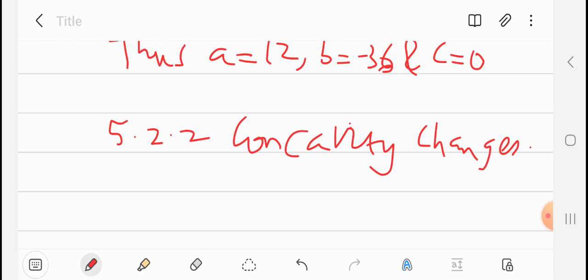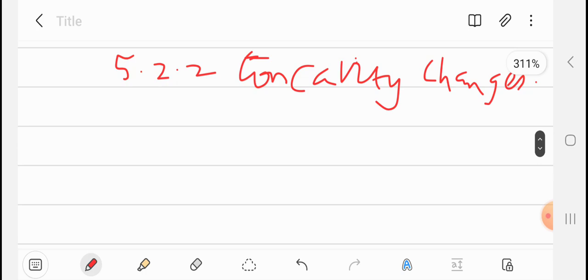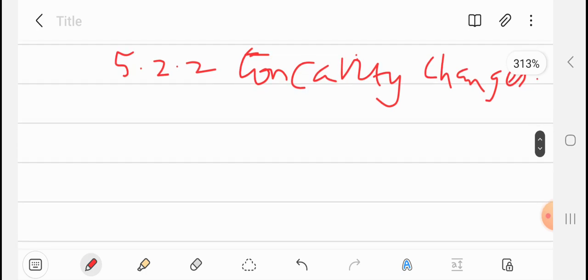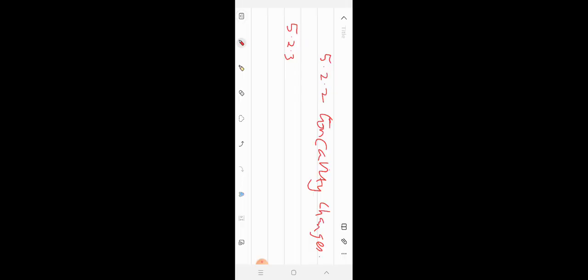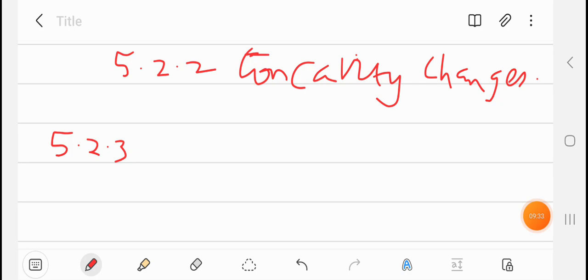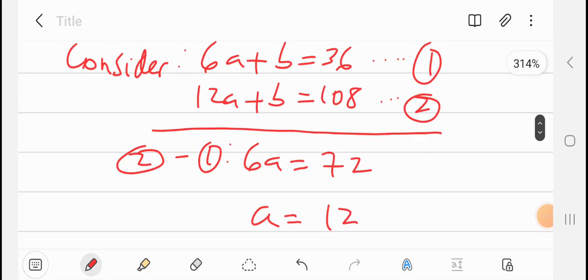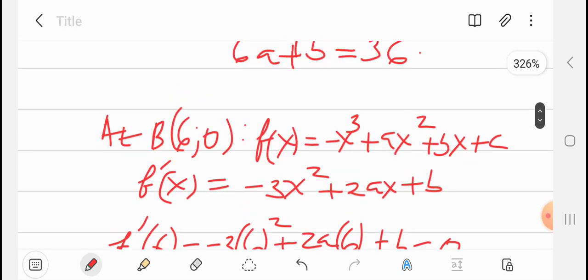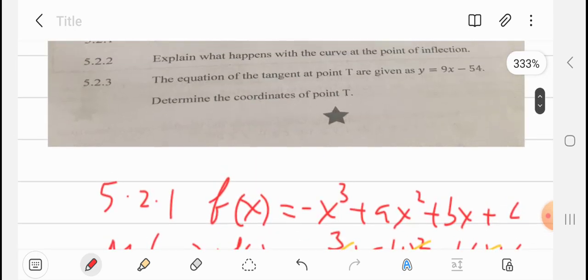Now, the next thing we want to look at is 5.2.3, where we have f of x. What does 5.2.3 ask us to do? Let's check quickly so that we can be on the same page.